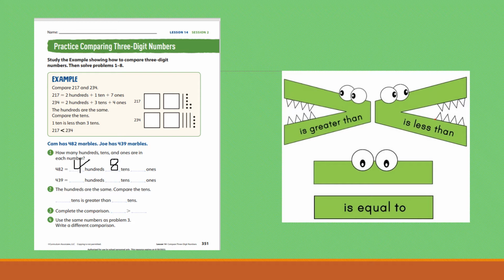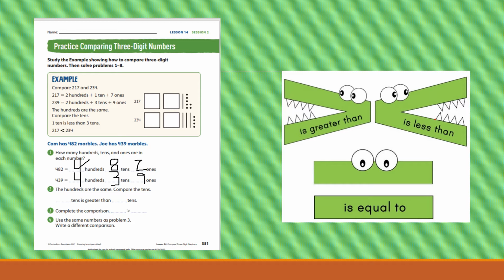How many ones in 482? 2. How many hundreds in 439? 4. How many tens in 439? 3. How many ones in 439? 9. The hundreds are the same.